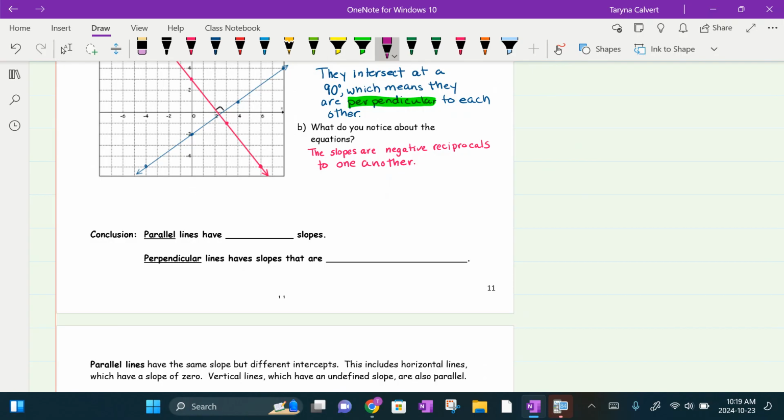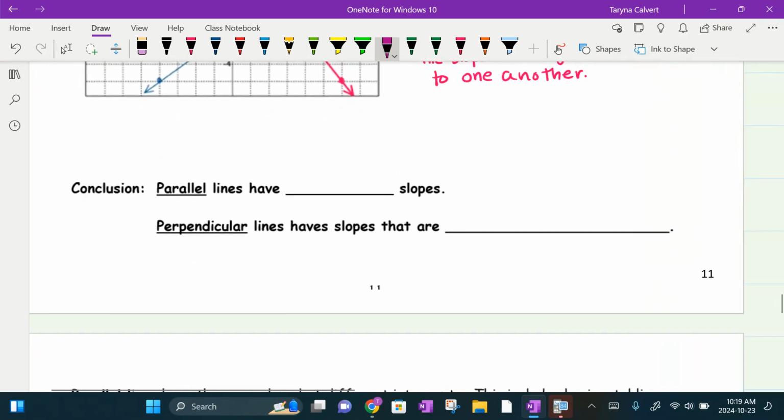So again, fill these little guys in. So parallel lines have what blank slopes? Same. What's another word I could use? Equal, identical, however you want to say it.